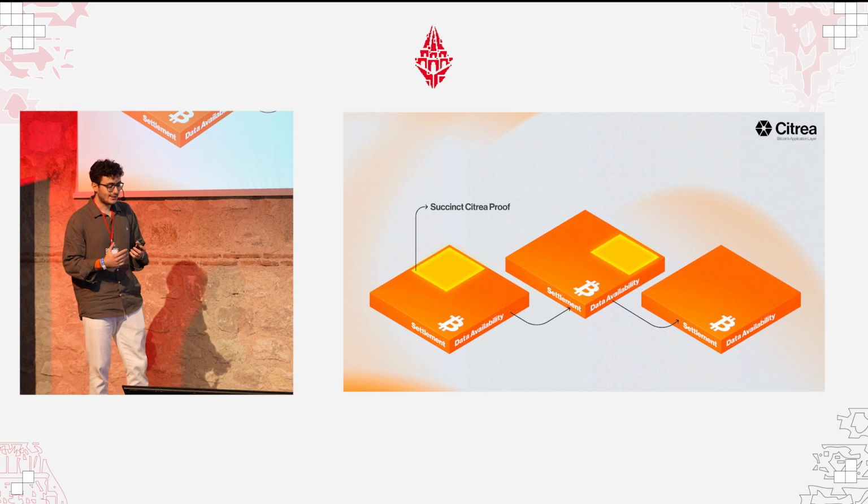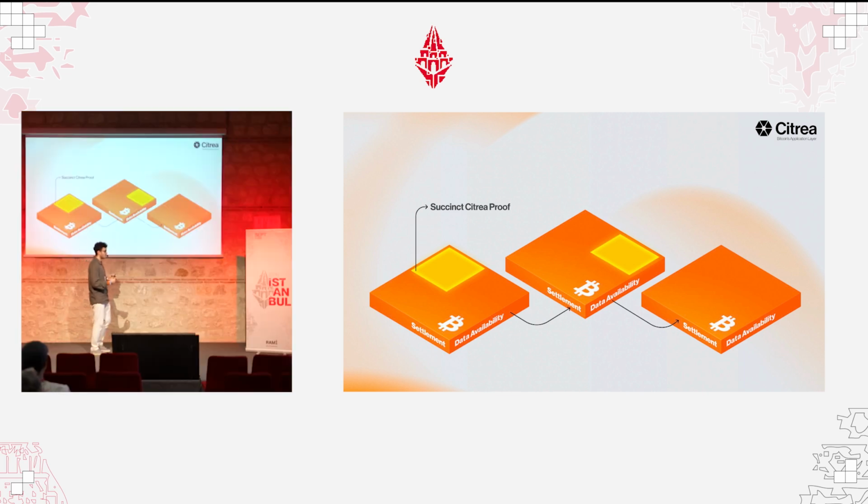So that way, you're basically mapping a point in Bitcoin's header chain to Citrea's state. So given any Bitcoin block, you know what Citrea's state is. Of course, by verifying the light client proof.